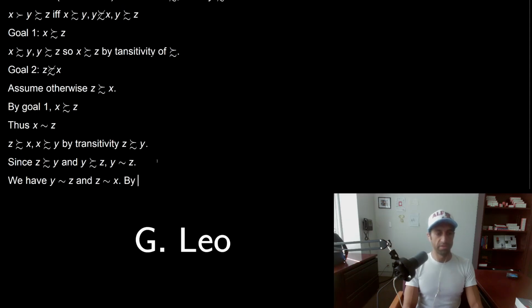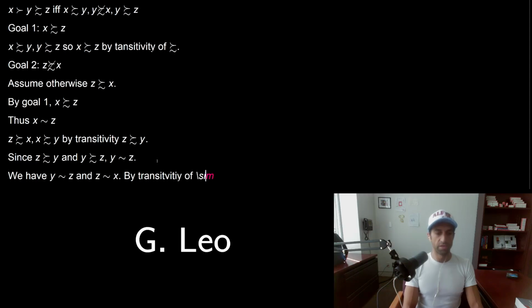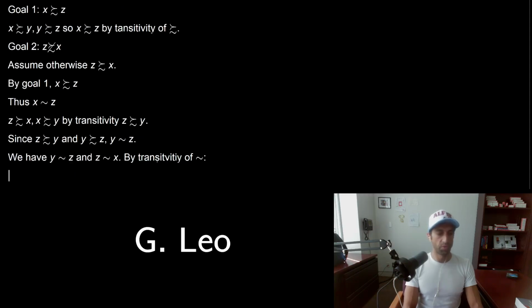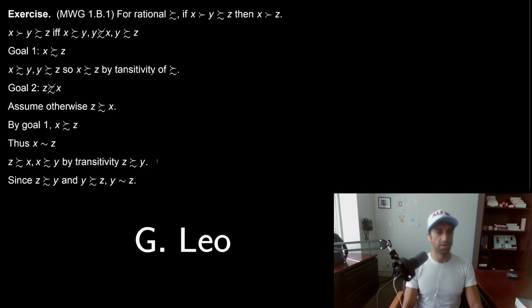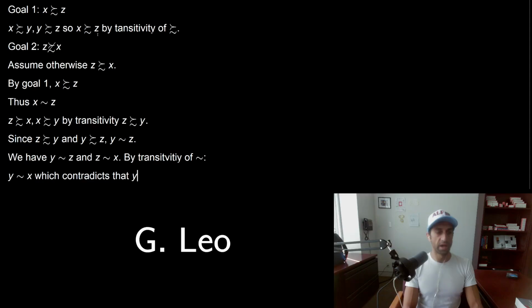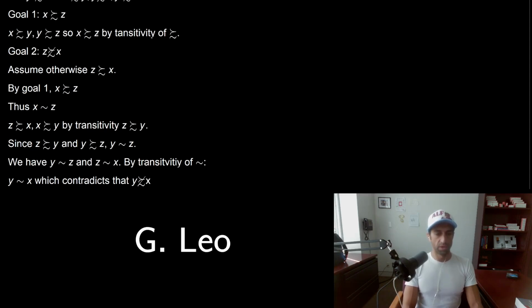By the transitivity of the indifference relation, which I seem to remember we've already proved at this point in the text, we have that y has to be indifferent to x, which contradicts that y is not at least as good as x. There we go, and we're done.